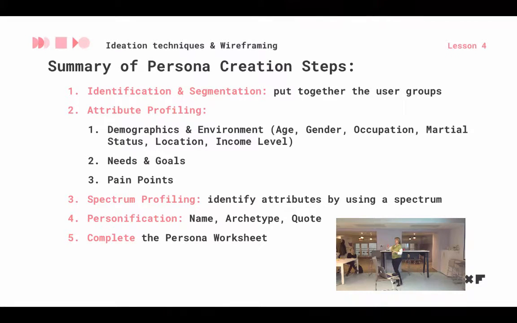And she also mentioned that there is a proto-persona, which is kind of a pre-persona. When you don't have enough data, you can still have a feeling of who your user is going to be. And when you have enough data, you can modify that persona and back it up or change it. One very important thing about personas is that they are an evolving document. They are always evolving. It's not something that you do once and then leave like that.